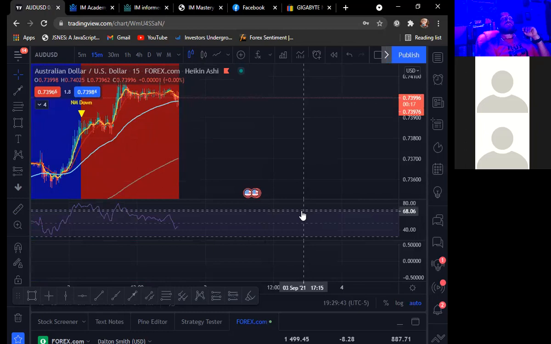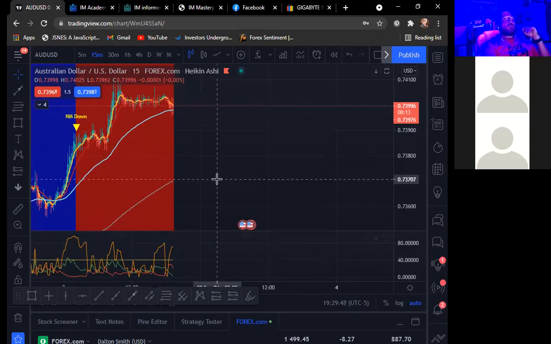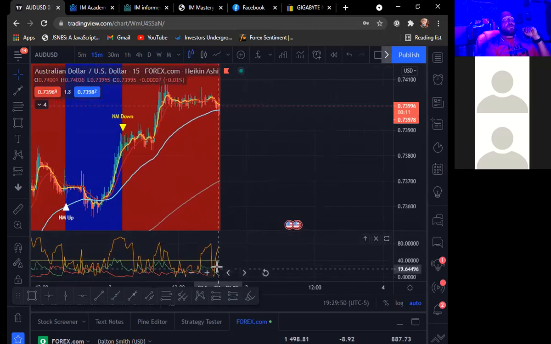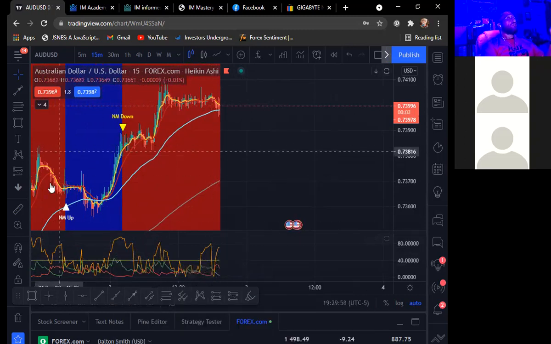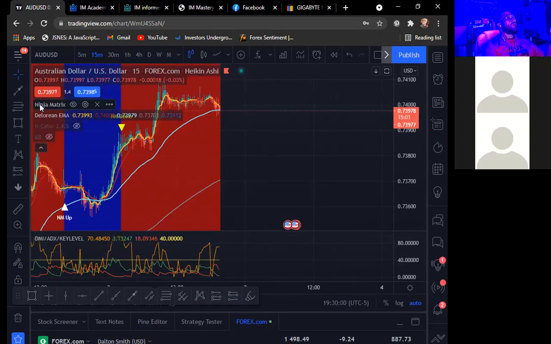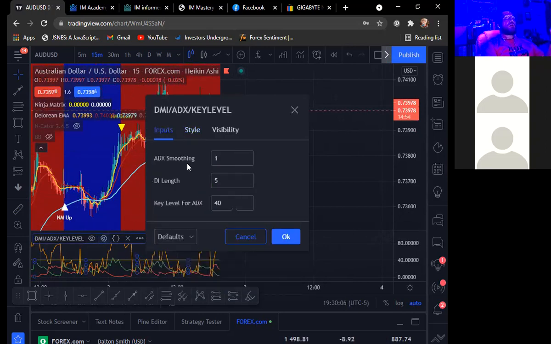Work. Here we go. This is a good one here. All right. Look here. The red is up. It's losing strength here, but still above the 40. Let me make sure. I just set it on 40.